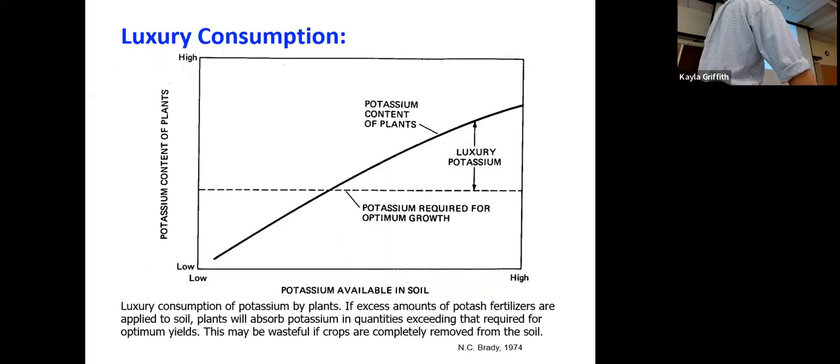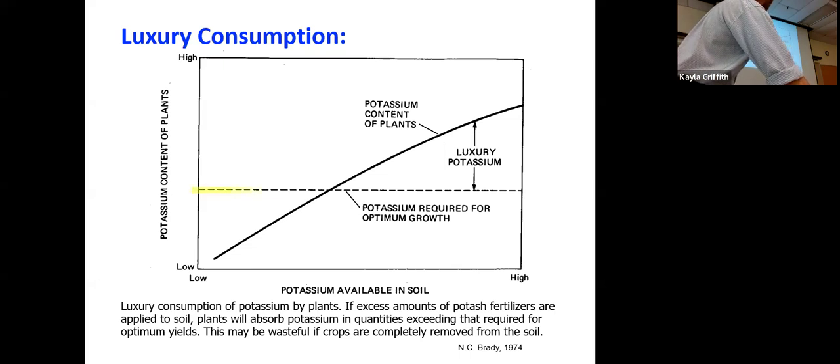So this is just illustrating that luxury idea, luxury potassium. On the y-axis, we're looking at the content of potassium in some kind of plant, low to high, it's conceptual. On the x-axis, low to high availability in the soil. So this line splitting the axes is showing you how the plants are accessing the potassium.